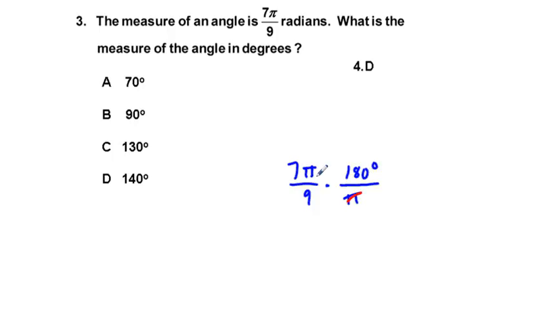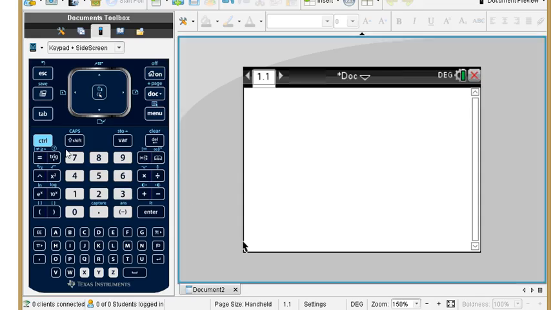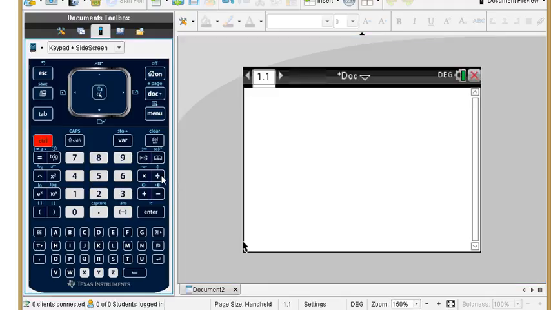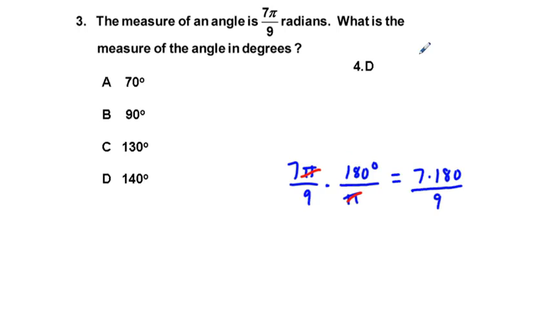And so we have cancellations, and what we end up with here is 7 times 180 over 9. I think that simplifies to 140 degrees, but just to be sure, we'll take the calculator, and we take 7 times 180, and divide that by 9. We get, yes, 140 degrees, which is answer choice D.